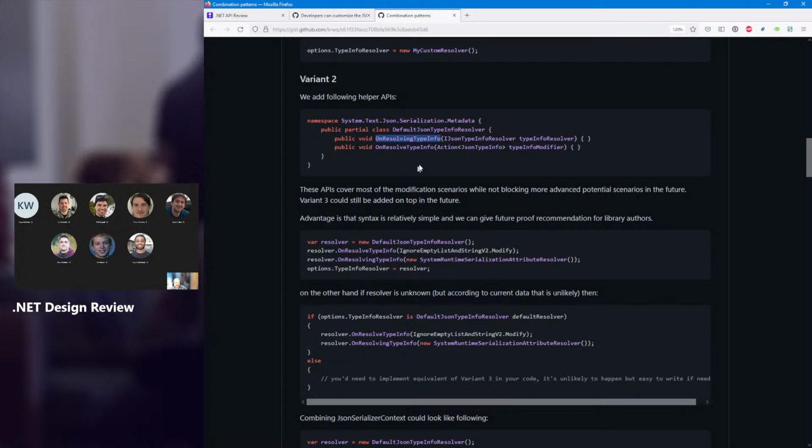So if this is the first thing added on this call, it is now always the first thing consulted, and you've lost some ability to intercept things. Granted, you could do it as the late thing and then completely rewrite the JSON type info, but you'd have to copy over top of it. You wouldn't be able to replace it. Or just expose it as an IList and let the caller manipulate the order however they prefer.